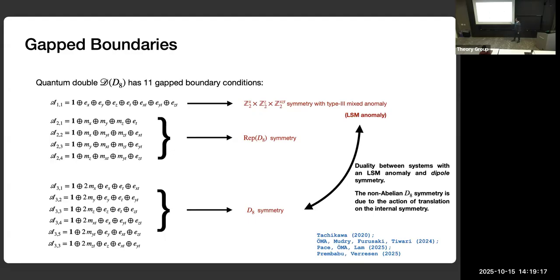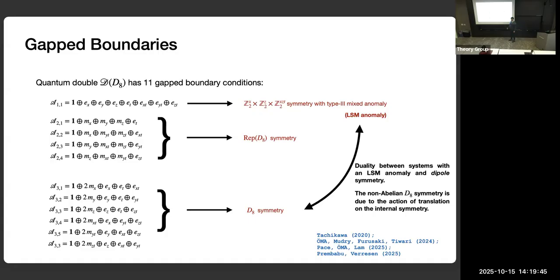In the case of LSM anomaly, this D8 is not realized internally, but it's realized as a dipole symmetry. So that is not something surprising, because I already started with a system with LSM anomaly. I know that there's a dual description in terms of some dipolar symmetry. So what is the duality? The duality is that if you gauge one of the non-anomalous Z2 subgroups, you get D8 symmetry.